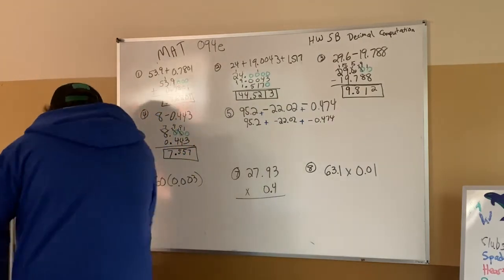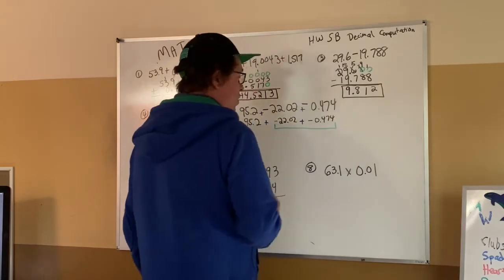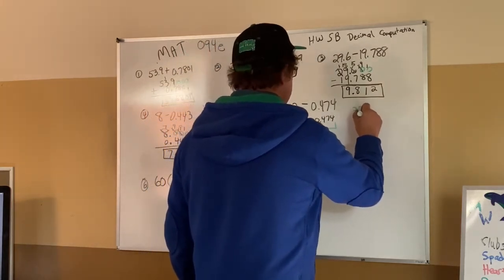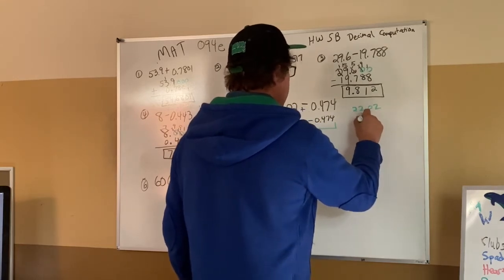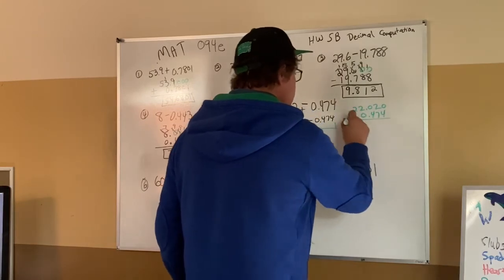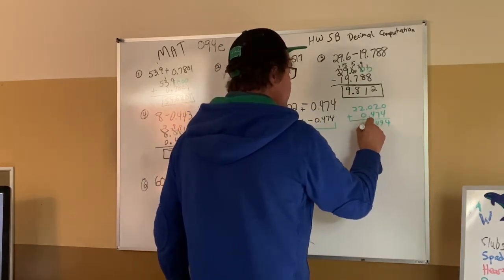These two work together. So over here, I'm going to go 22.02 and 0.474. Maybe put the 0 there if you need it. 22.494.